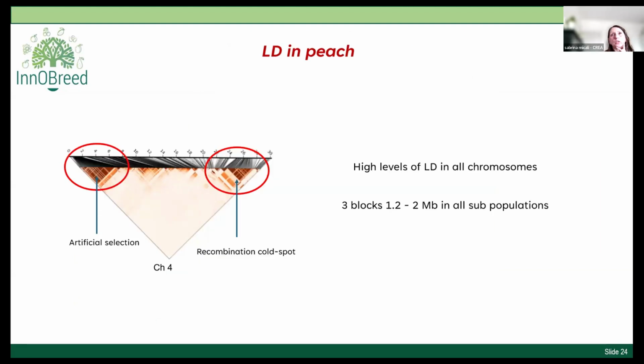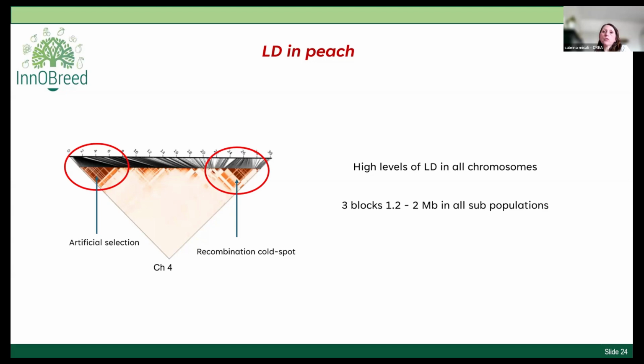We also looked into the linkage disequilibrium in peach, and we found high levels of LD in all chromosomes and in all the three subgroups and also in the admixed group.